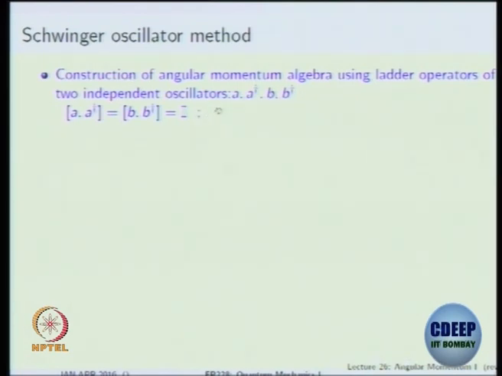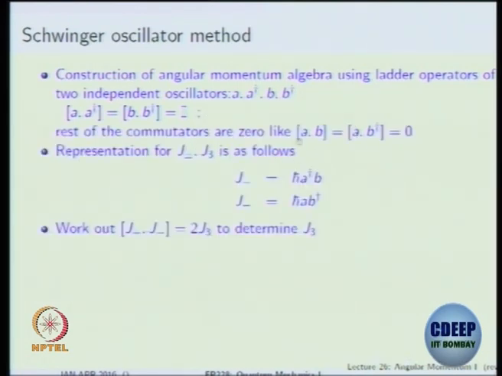What that means is that the commutator of any of the A operators with the B operators is 0. So we wanted to construct the angular momentum operators using these four operators. Okay, so that is what we were trying to do.